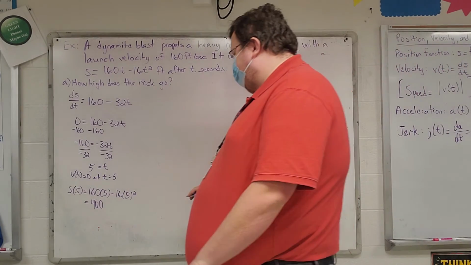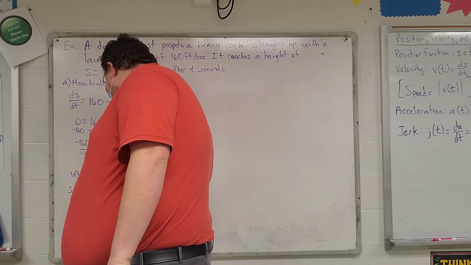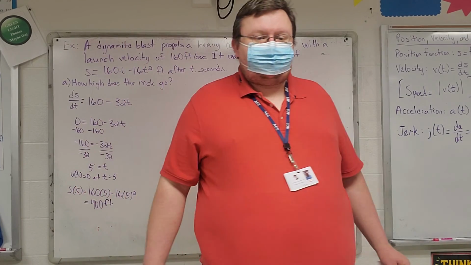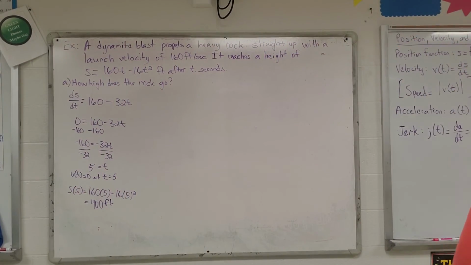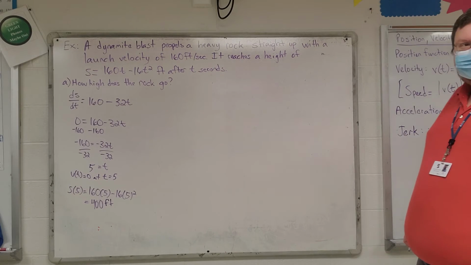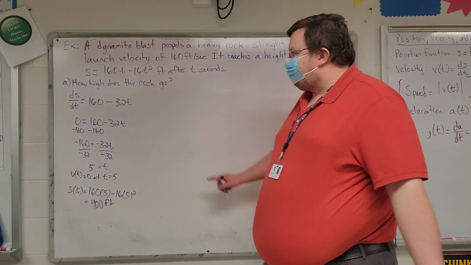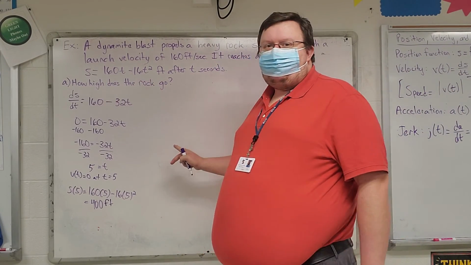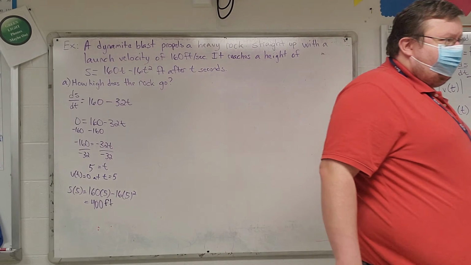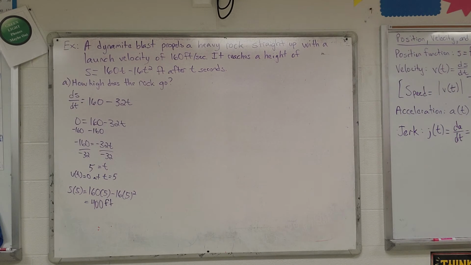So that would give us where the object was at time equals 5. For those that just missed the first part of this problem, we're blasting a rock straight up in the air with a dynamite blast. We got our position function right here, and we want to know how high the rock went. So we took the derivative, and we set the derivative equal to 0 because obviously if it's going straight up, it's going to reach a point where the velocity is 0, because it's slowing down as it's going up, right?